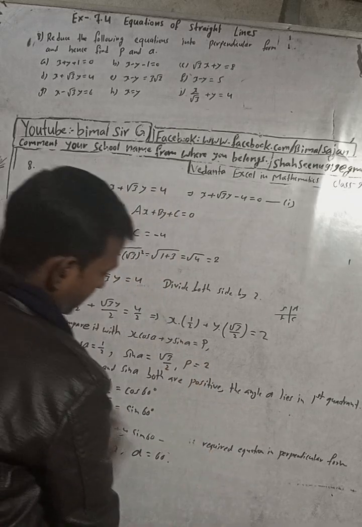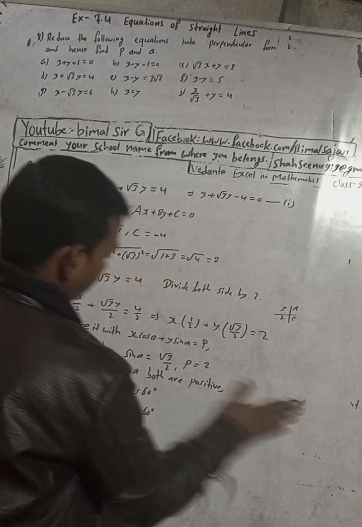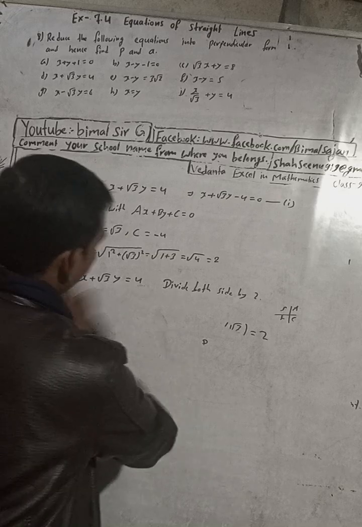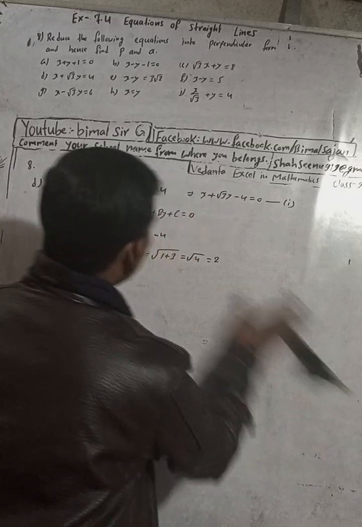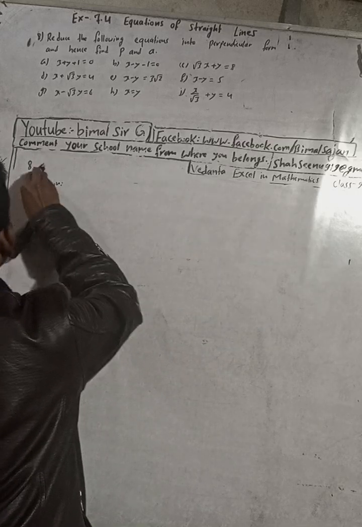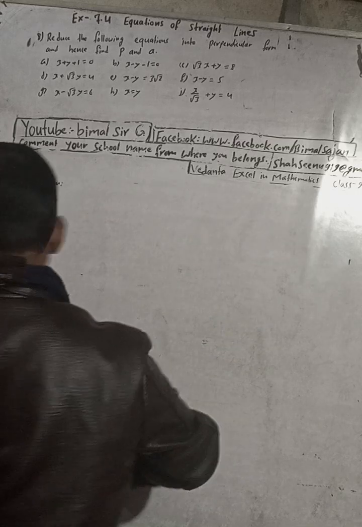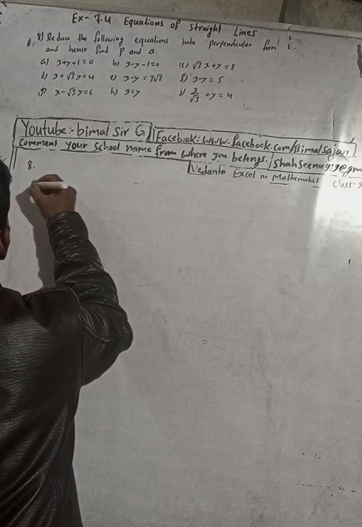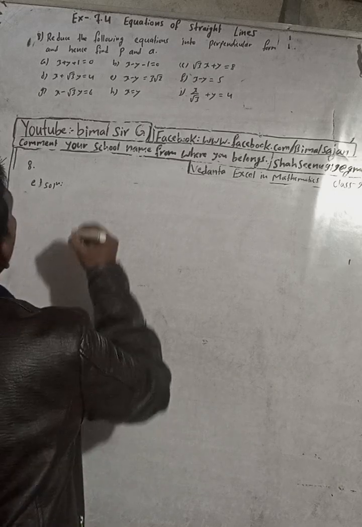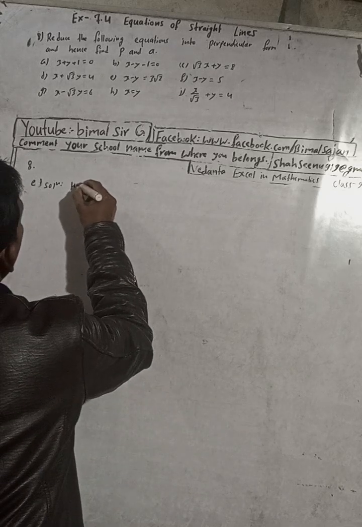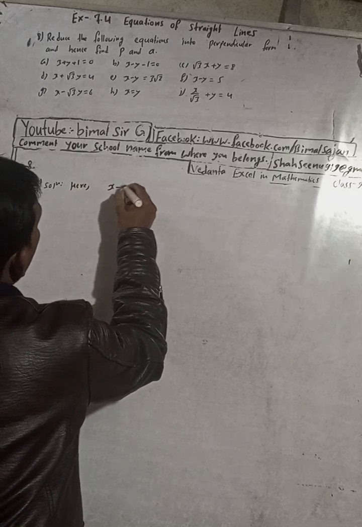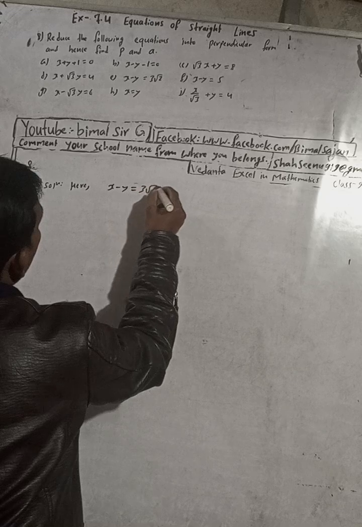Now I will move to E number. E number is x minus y is equal to 3 root 2.